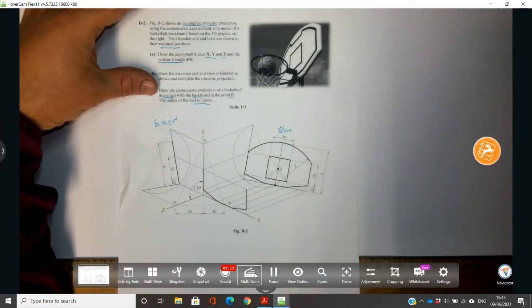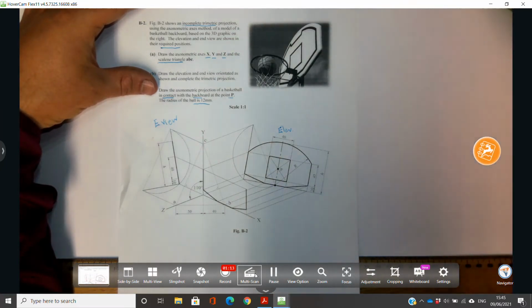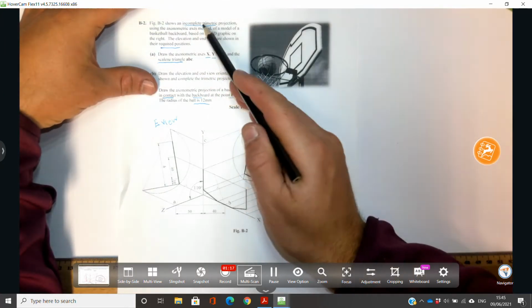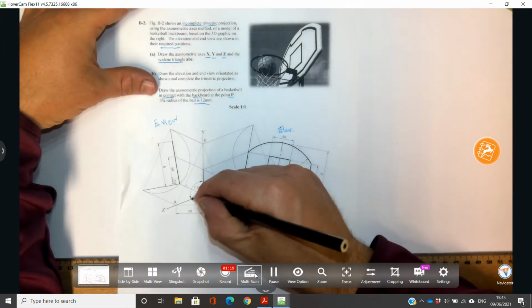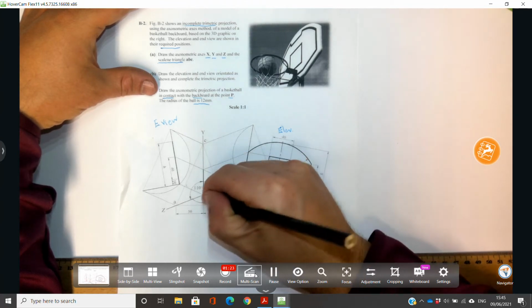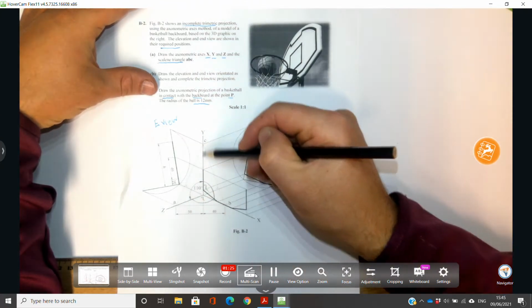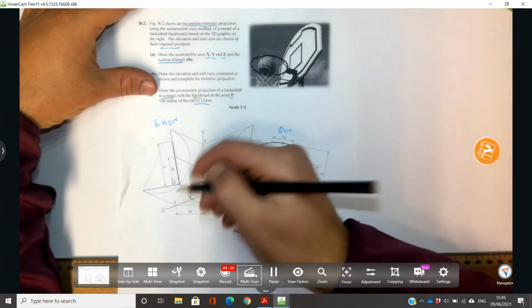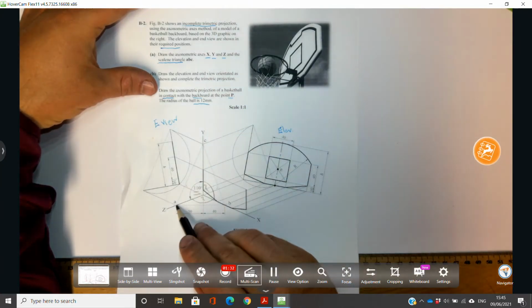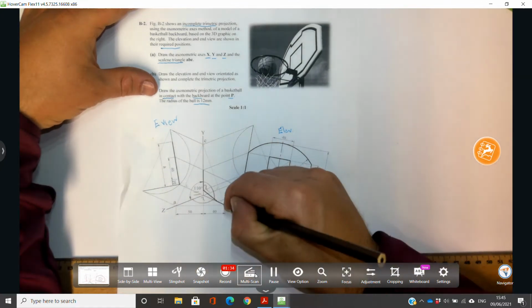Alright, let's start with the first one, the axonometric axes X, Y and Z. Trimetric means we have three unequal angles, so we don't know those two. The angle between Y and Z is 110, and we also know that A to B is 90.